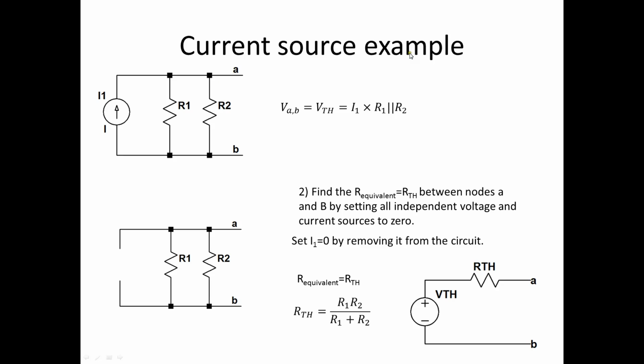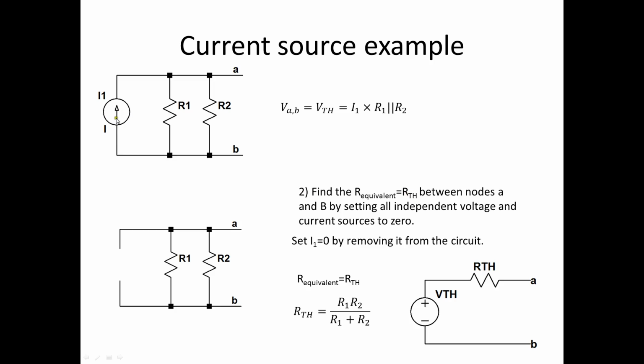Let's do a current source example. Here we have a current source sourcing a current through R1 and R2. What's VAB? It's the current going through the parallel combination of R1 and R2, so it's I1 through the parallel combination. Then how do we find the equivalent Thevenin resistance?